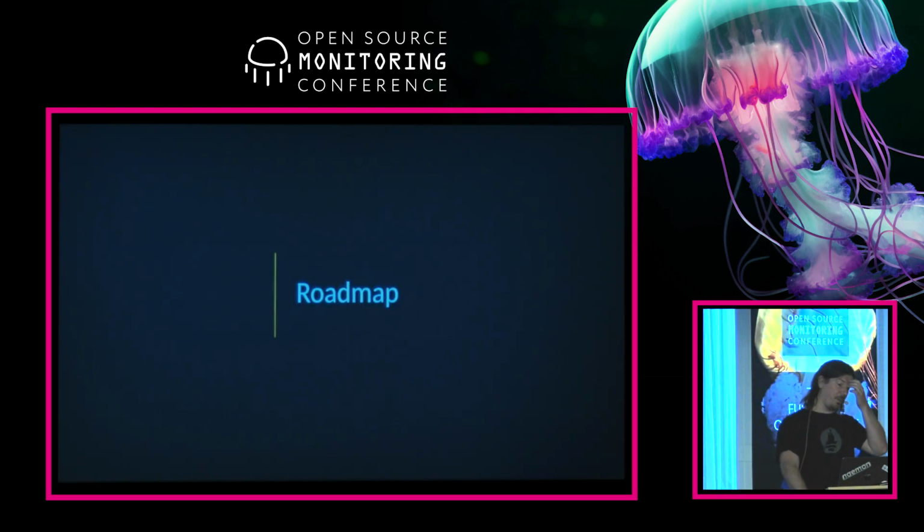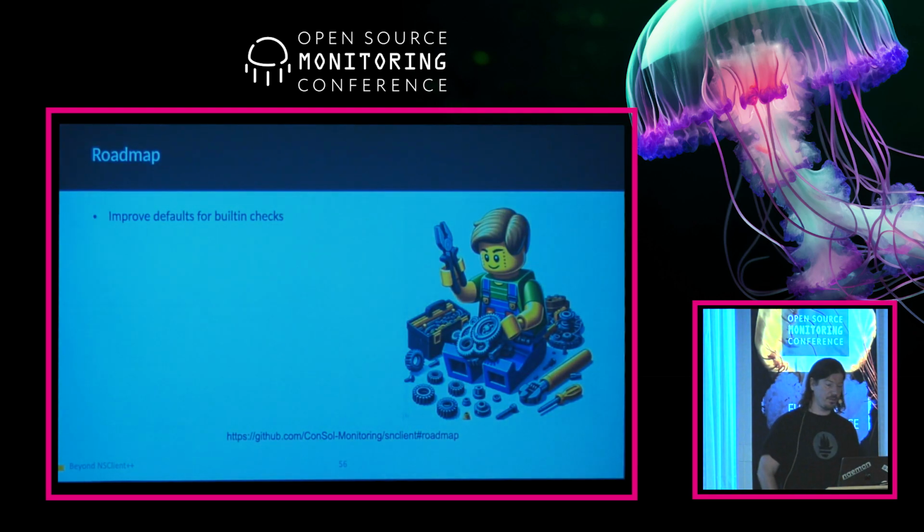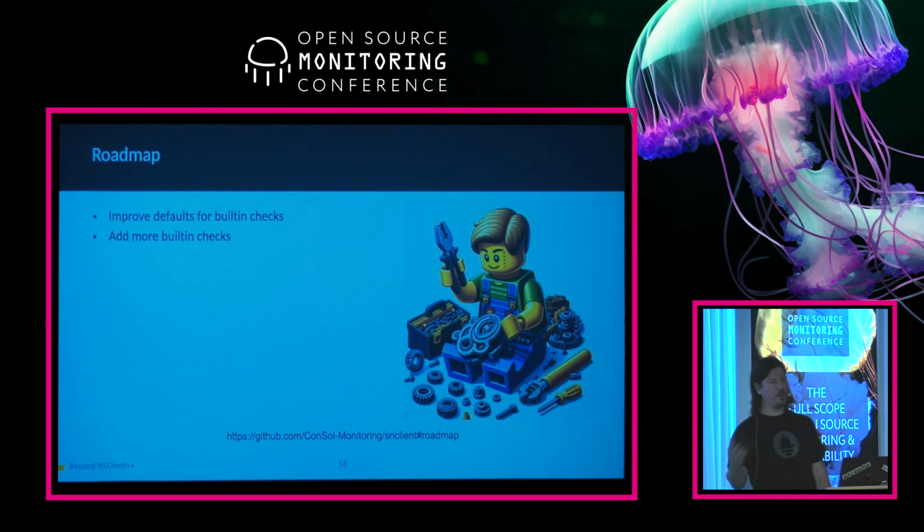So, coming to the end, the roadmap is definitely that we have to improve those built-in checks. There are a couple of things I don't like yet, like the plugin output can be improved, and the defaults can be improved. Then we will add more built-in checks because it's just convenient. You have them built in and you don't have to build them on your own.